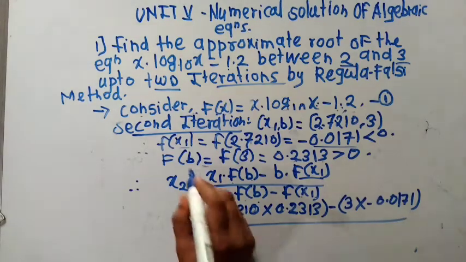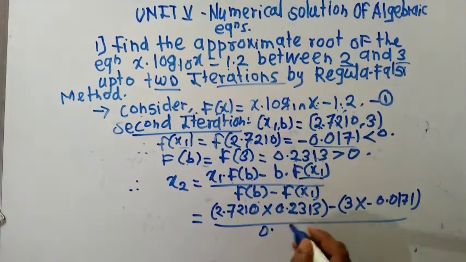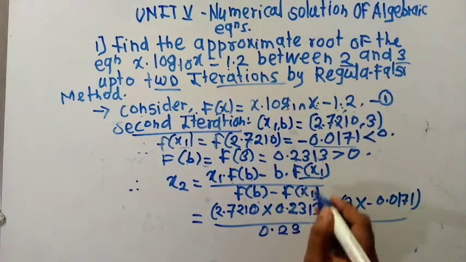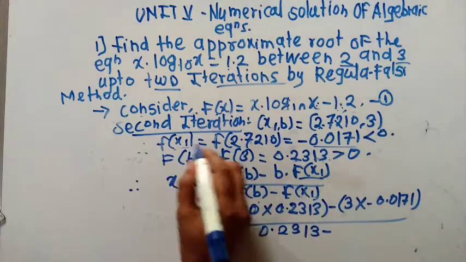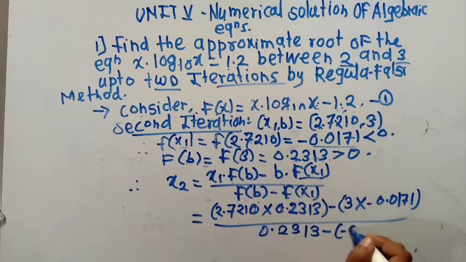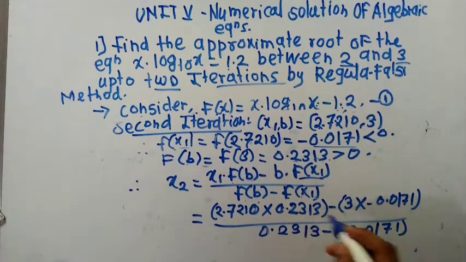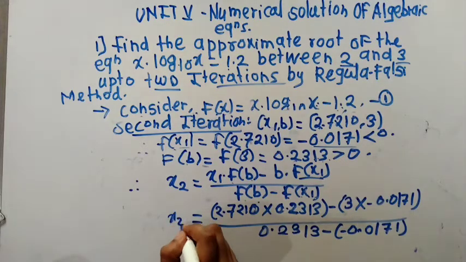So here f of b is 0.2313 minus f of x1, which is minus 0.0171. So find out this calculation by scientific calculator.